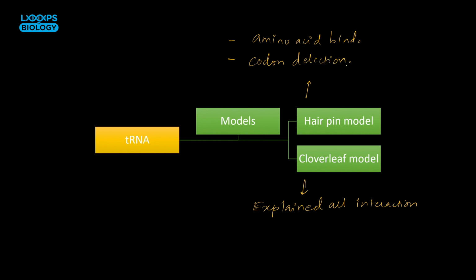How the enzyme is interacting, how the ribosome is interacting, how the particular structure of tRNA is maintained, has not been explained by the hairpin model. That's why it was a flop model for tRNA, and the clover leaf model was widely accepted.